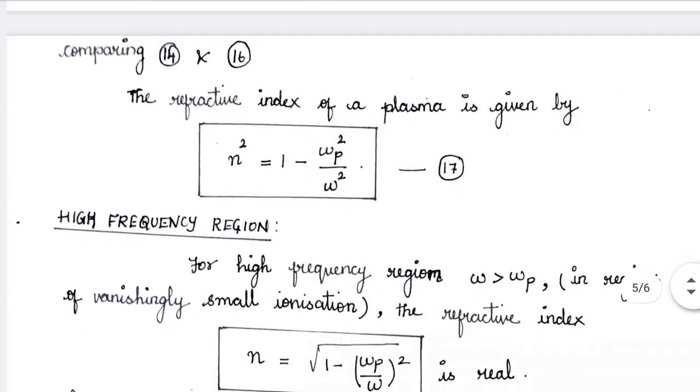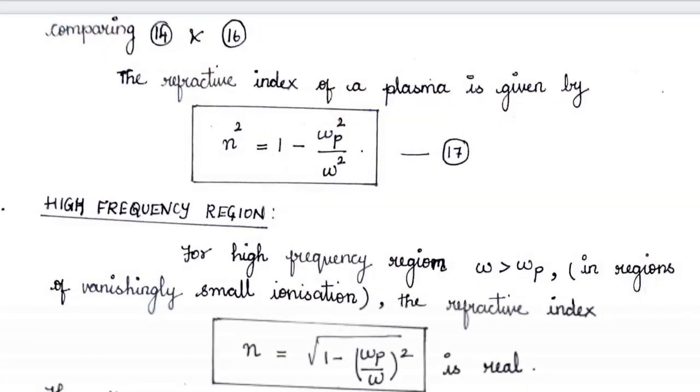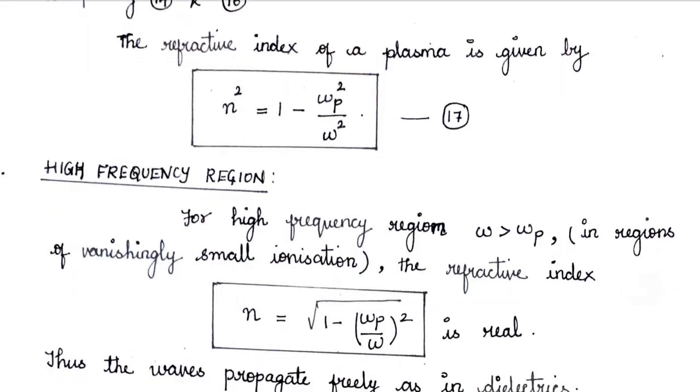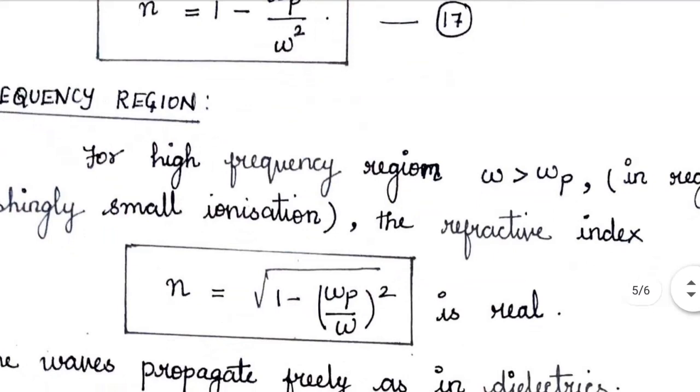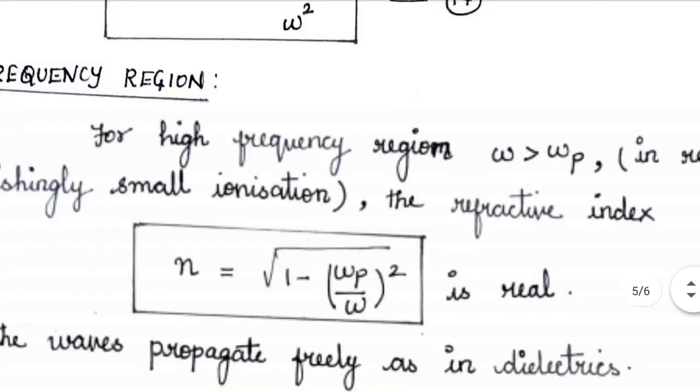Okay. What if these high frequency electromagnetic waves are sent? High frequency region means the ionization is very less, not heavily ionized. So for high frequency regions, where the frequency sent omega is much greater than the plasma frequency omega p, we could see the refractive index will be real, because omega p is very small.